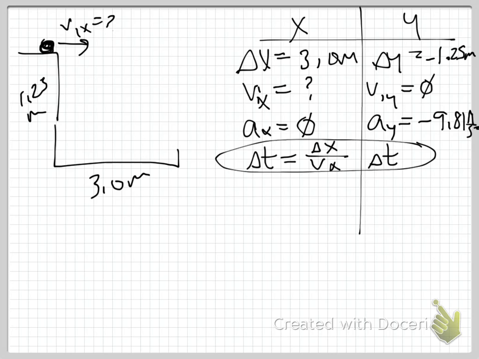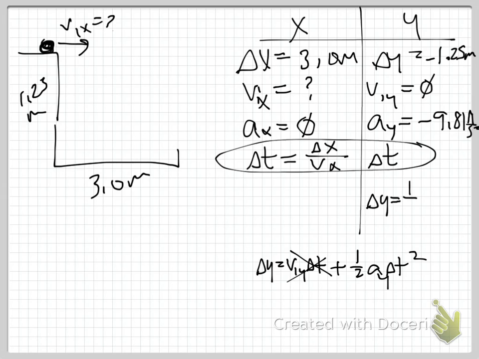And then on the y-axis is delta y equals VIY delta t plus 1/2 a delta t squared. Immediately, of course, we'll put in the a sub y. That goes away, and we're left with delta y equals 1/2 acceleration on the y, delta t squared.